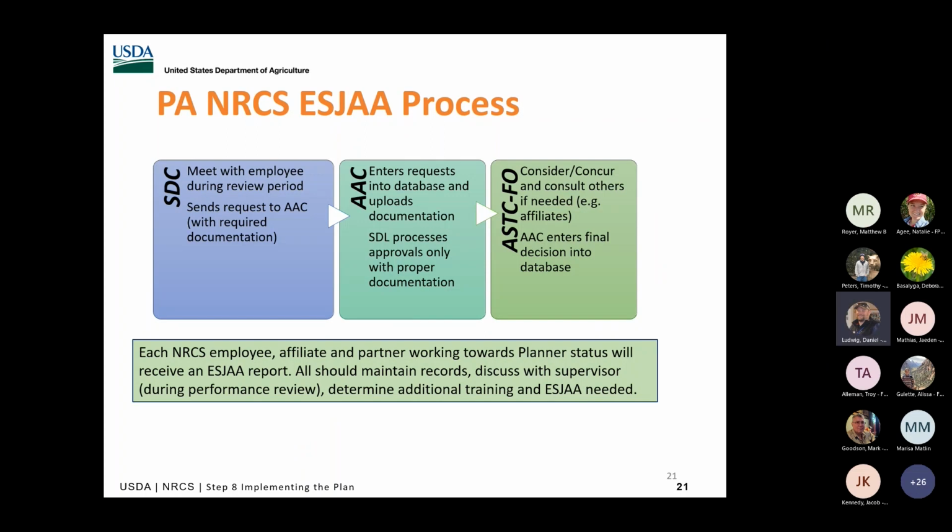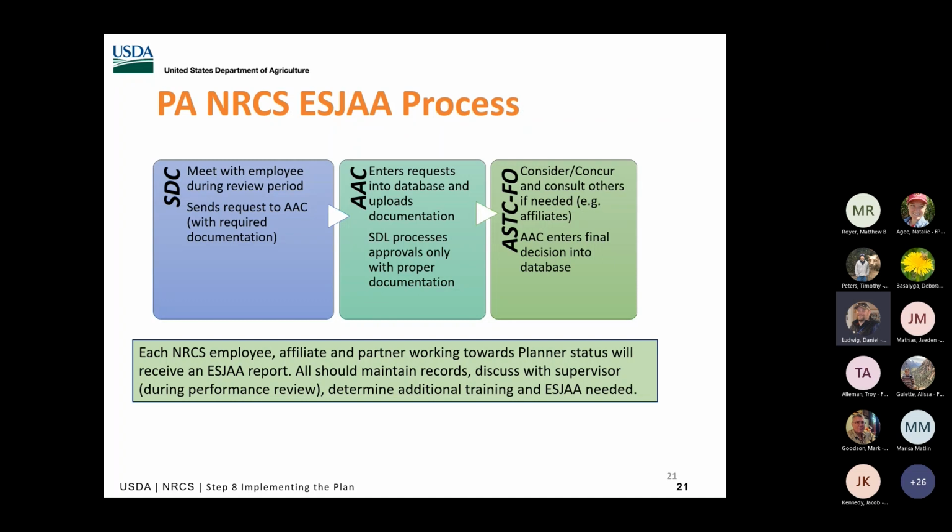So here's what it kind of looks like, a little diagram of how things would work. Essentially, you as the employee are going to meet from the NRCS side, and even on the partner affiliate side, you're going to at some point meet and talk with the SDC about the need for job approval.